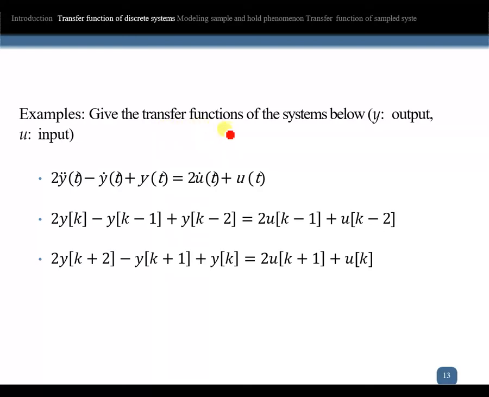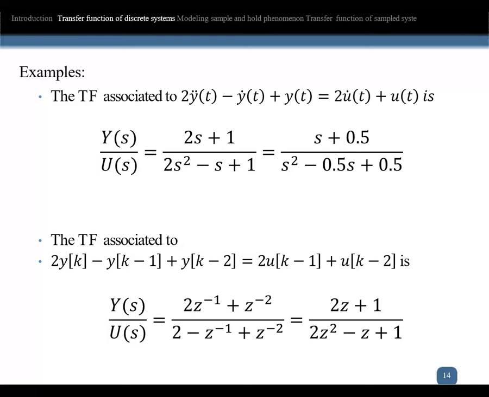Example: give the transfer function of the system below, and they ask you to find the transfer function of the two systems. This one is in the continuous domain, this is discrete, and this is discrete. Easily, you can find the transfer function of the system by taking the Z transform and the Laplace transform. First of all, I take the Laplace and find the transfer functions, and I take the Z transform of the signals and find the transfer function in the Z domain.